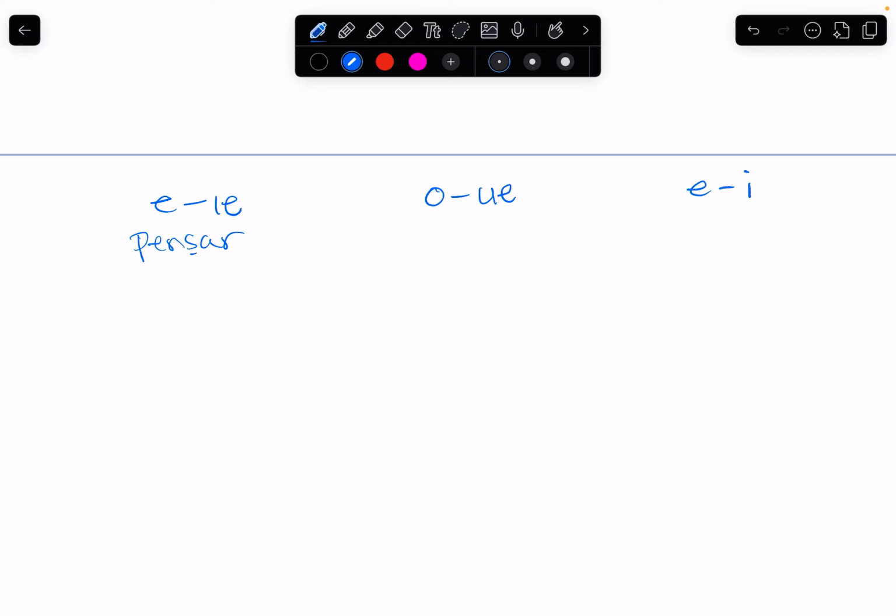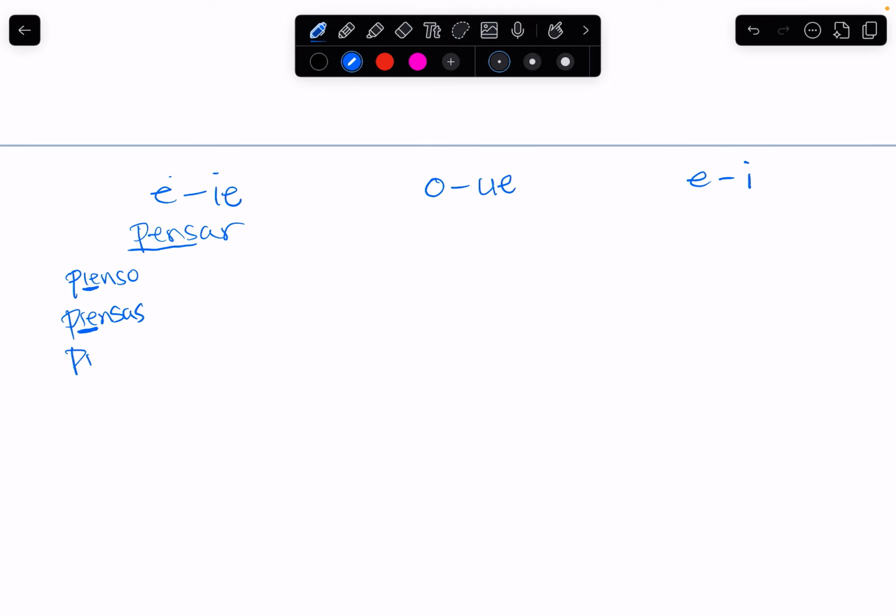This is the stem, not the root, so this is what changes. It goes from pensar to pienso, and that IE is what changes. So it goes from E to IE. Piensas, again E to IE.